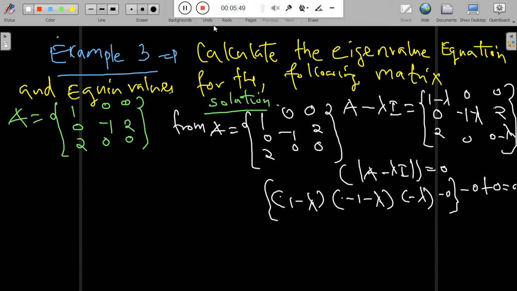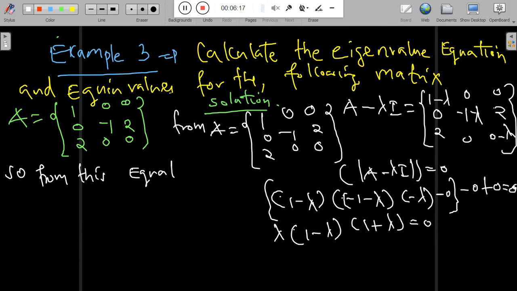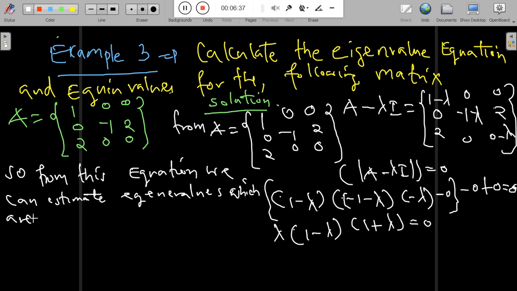So what we obtain here will be equal to lambda brackets 1 minus lambda, then brackets times, we take out 1 plus lambda, which is equal to 0. So from this kind of equation, we are capable of solving now for the eigenvalues of the matrix.